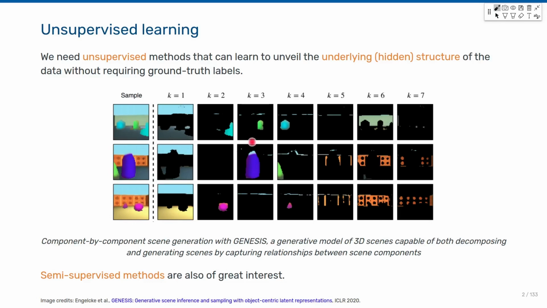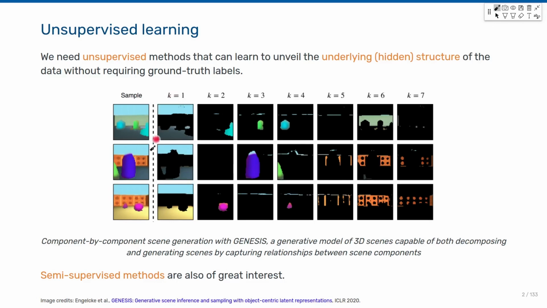In this figure is illustrated the result of an unsupervised method called Genesis, which basically also performs semantic image segmentation. It can decompose an image of a 3D scene into its individual constitutive components in a hierarchical manner.